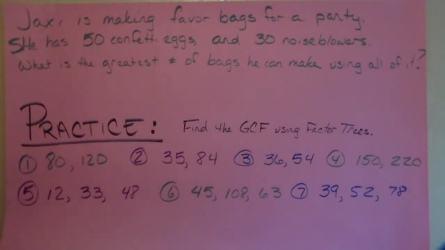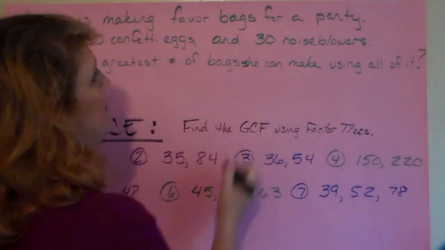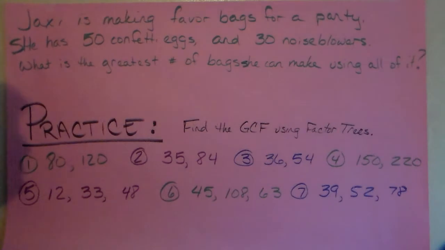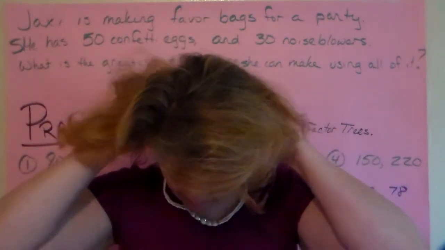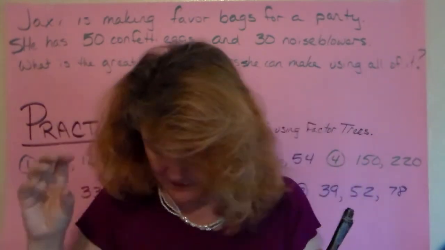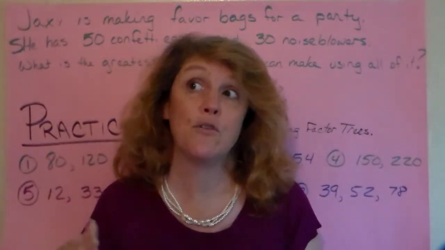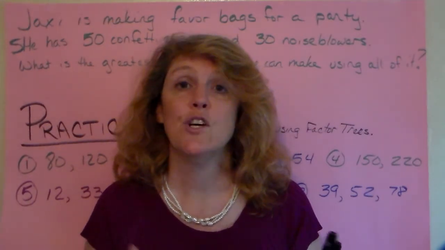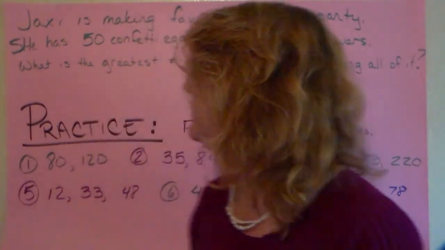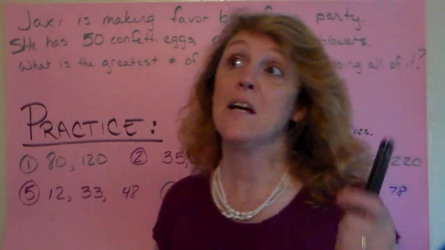What is the greatest number of bags she can make using all of it? It doesn't matter how many bags she has, she wants to have the same number of things in each bag. Those are factors. So, what's the greatest number of bags she can put together? Does that make sense? Push pause, come back when you're done.